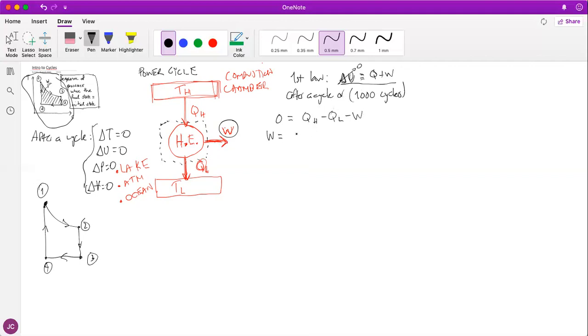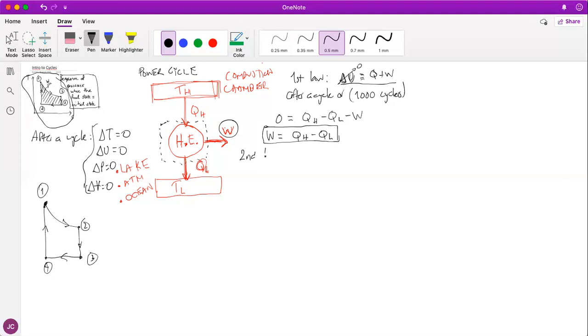I'm just joking, because this is pretty simple to see: W equals QH minus QL. Okay, so this is your first law conclusion. If you want more work, then QH needs to be as high as possible and QL needs to be as low as possible. And if you can do that, you will be producing more work than other cars or power plants or whatever. Okay, so that's what you got from the first law.